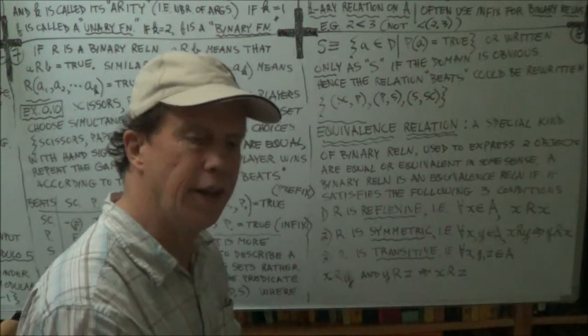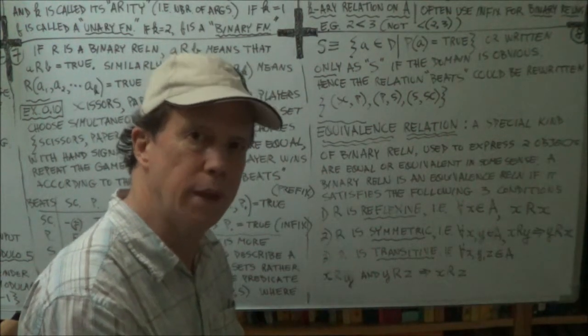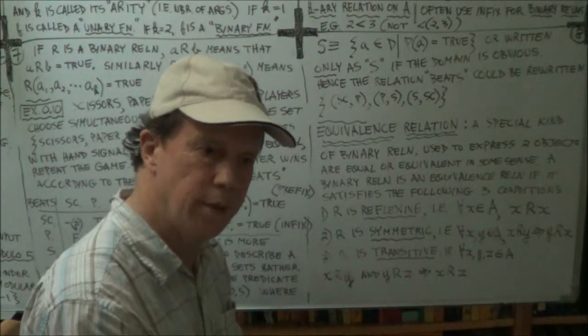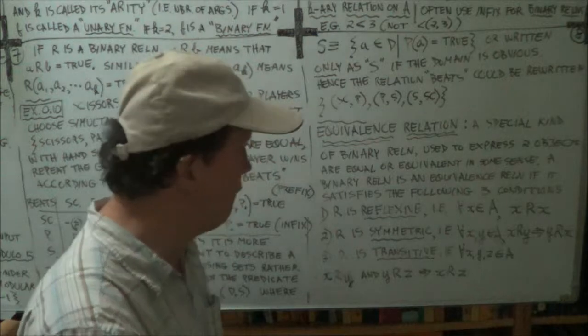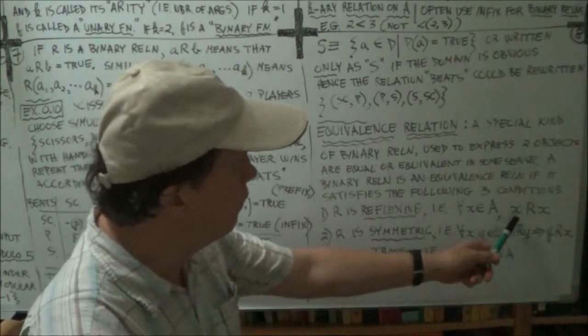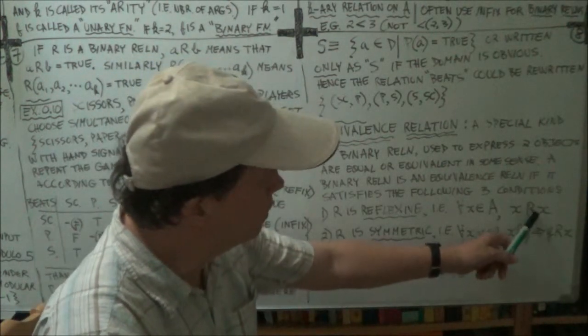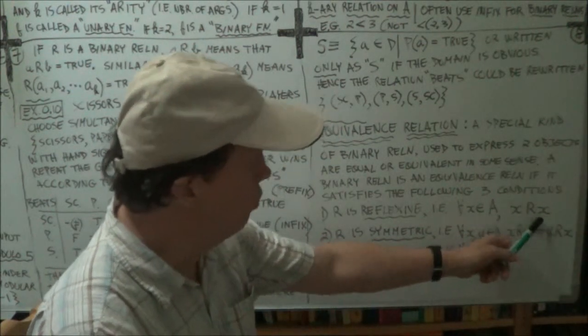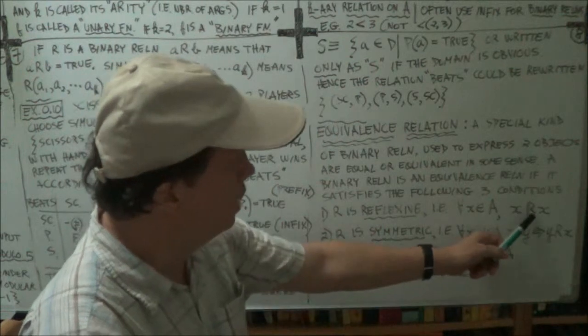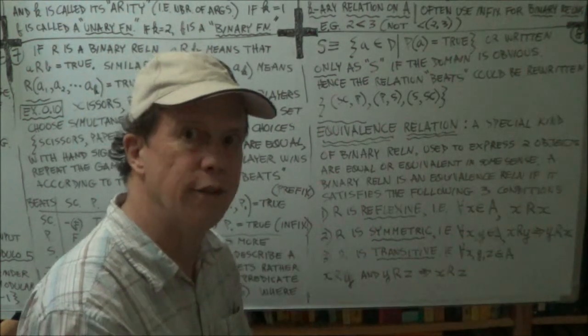Can x be bigger than x? No, it can't. Now, this is a kind of relation symbol. If x R x is true, then this relation is said to be reflexive.